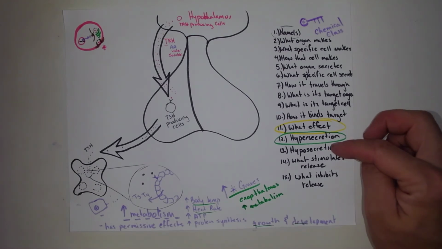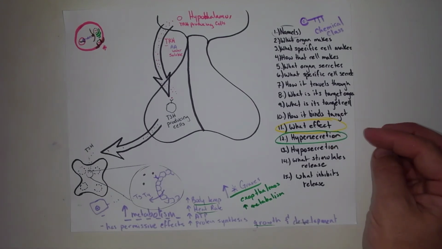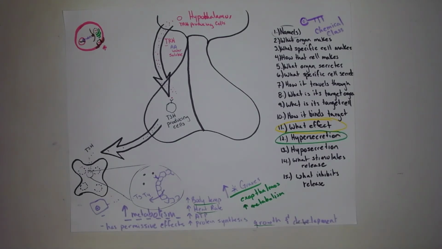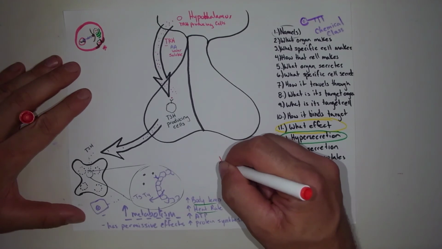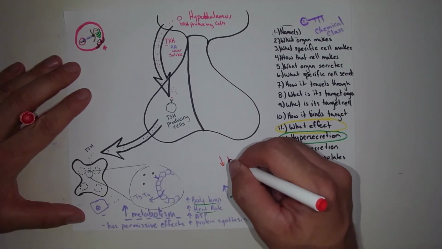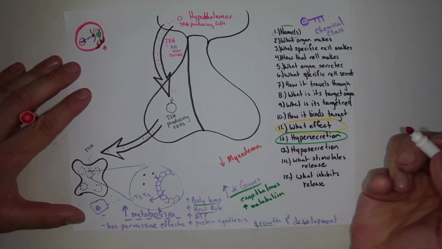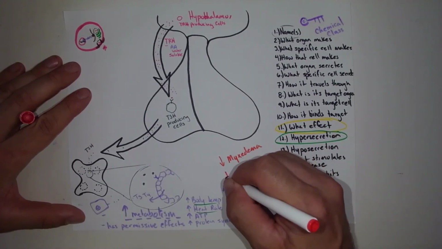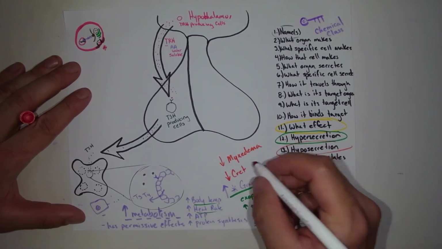Now, hyposecretion of this stuff, or too little, is going to result in a disorder called myxedema in adults, or cretinism in children.